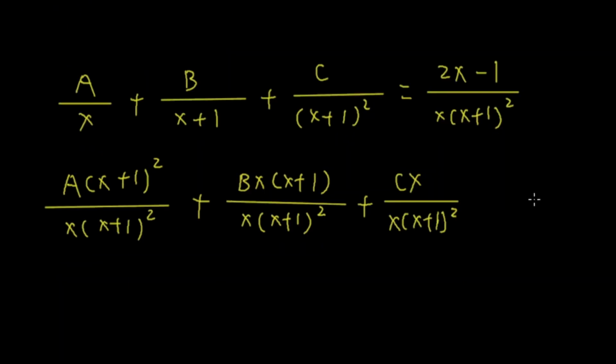And that is equal to this fraction, right? 2x minus 1 all over x times x plus 1 all squared. Now, we can group this together.